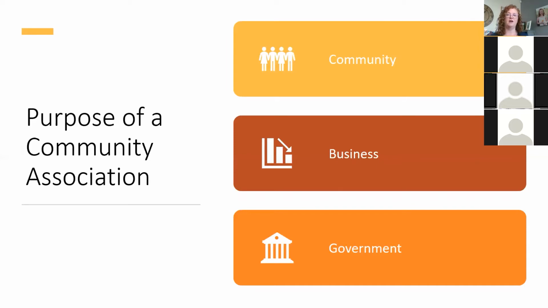So whether you're a condo or a single family development, this structure looks the same regardless of what your community looks like. You are going to, as a board, be focusing your efforts in these three key areas. And there's going to be a lot of tasks and obligations that come with that. But ultimately, the goal for an association is to create community, to run it like a business, and to govern based off of your documents.